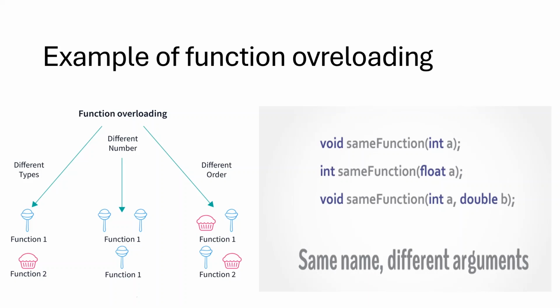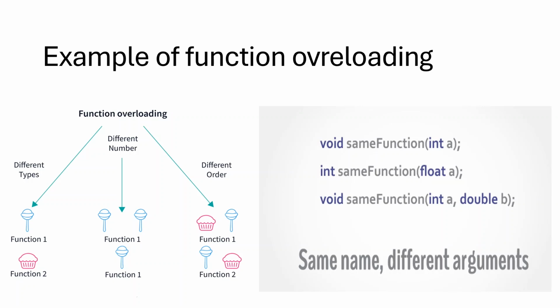Void means the function does not return a value. The function name is the same in all of them, and the parameters are different, of different types and different numbers.